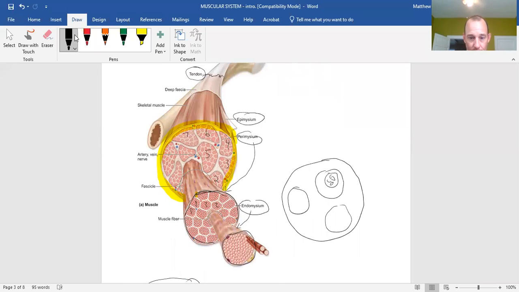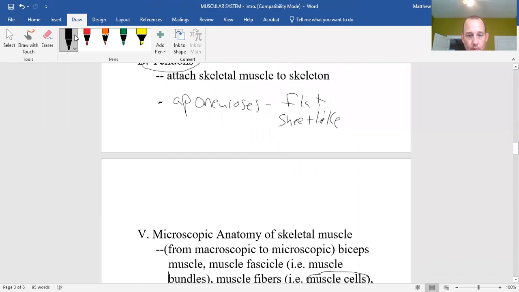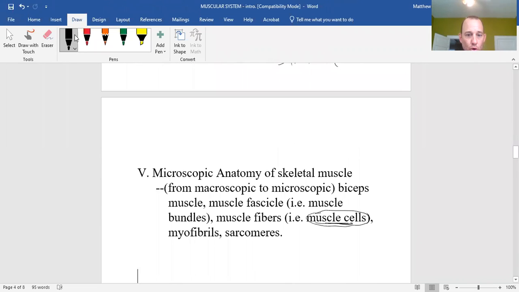All of these tiny little circles are what are called myofibrils. And myofibrils are made up of more circles called myofilaments that are arranged into sarcomeres. And it is the sarcomere that basically ends up being the contractile unit of your muscle.